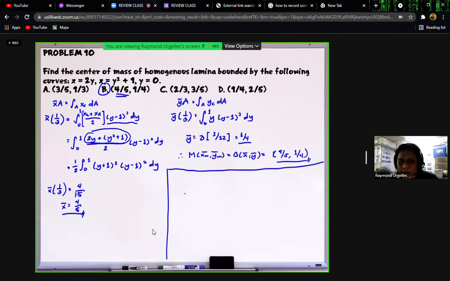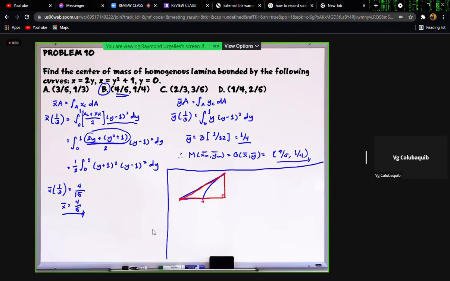Okay. So again, if you don't want to go through integration, we can just use what we did earlier on the figure. By considering the figure to be a triangle minus a parabola. You can think of this triangle as having a base of 2 units and a height of 1 unit.